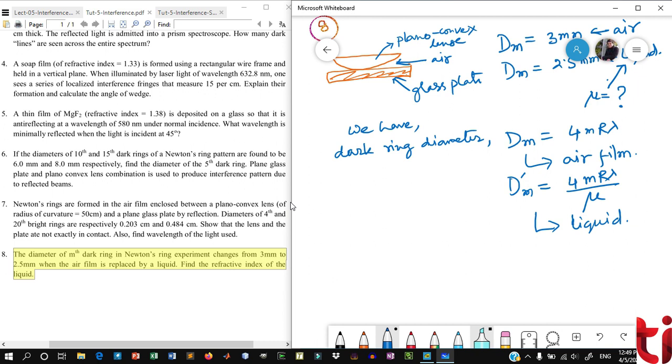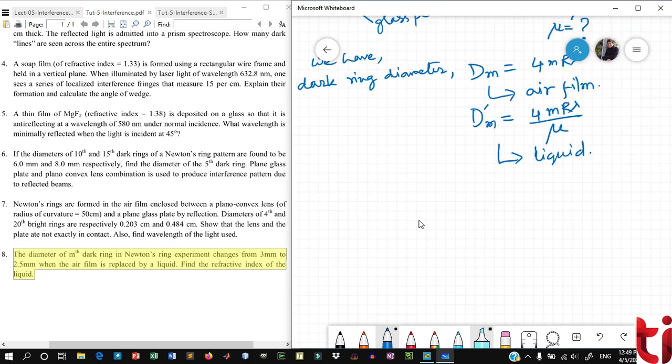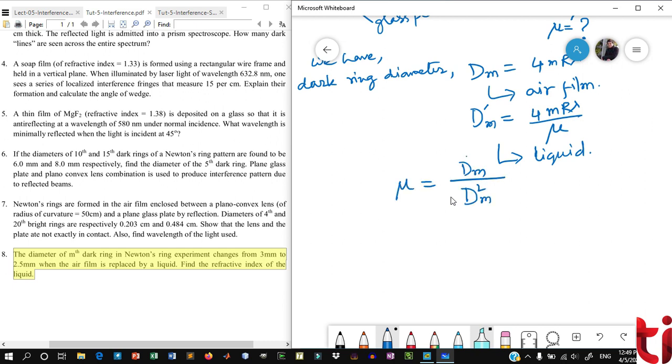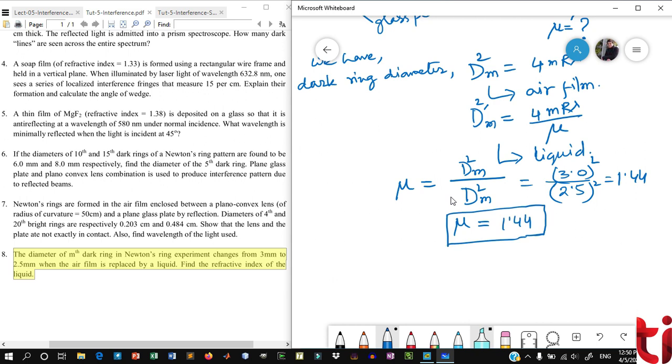We can take the ratio of these two expressions, and what we'll have is that mu is equal to the square of this ratio. So here these are all squared, so our final result is the refractive index of the liquid is 1.44. So that ends our last problem.